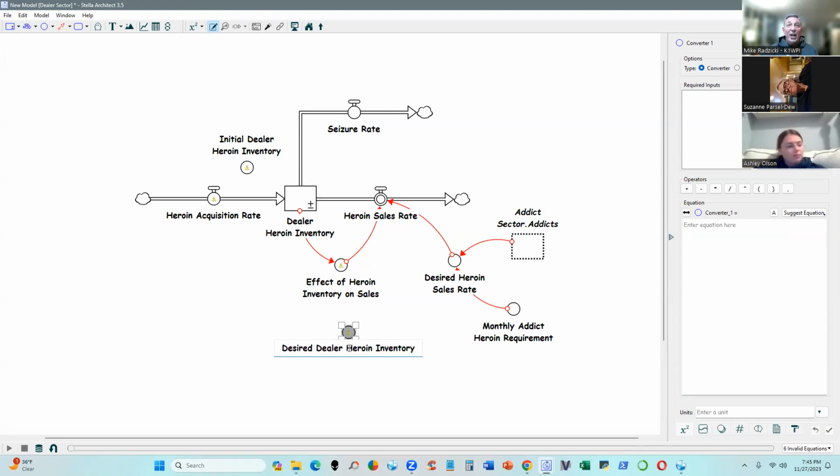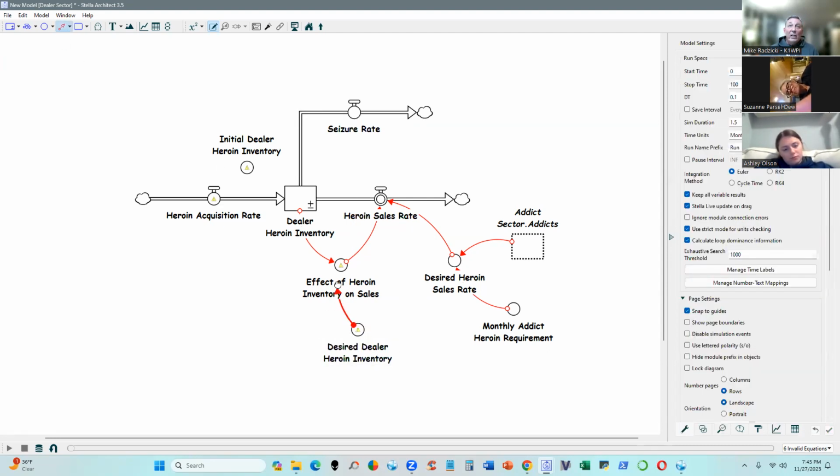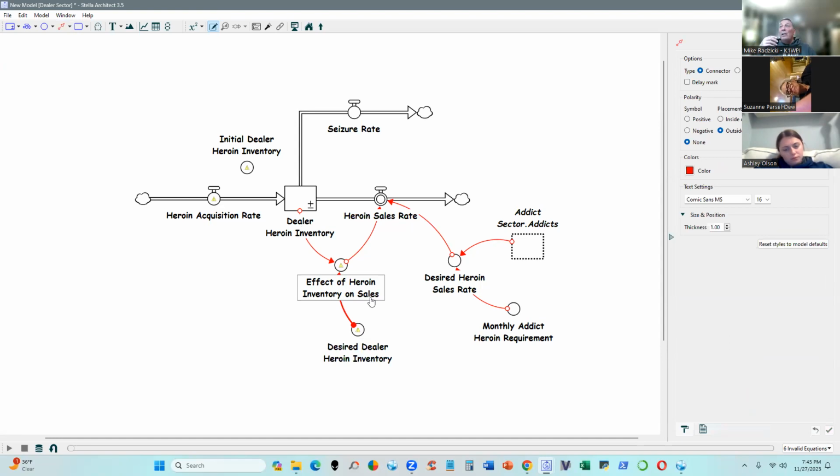So we can have a desired dealer heroin inventory. Often when you have a stock, you will often have a desired value for the stock, a target, a goal for the stock. And we will often explicitly represent that idea in a system dynamics model.